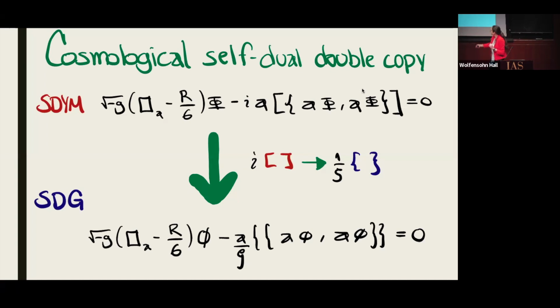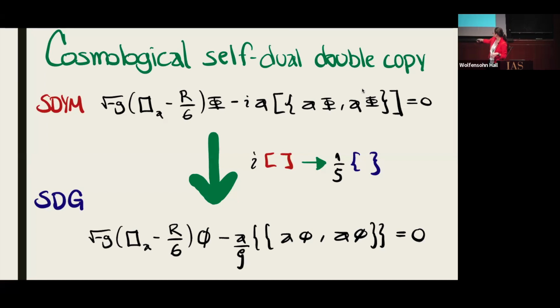So again, you can do field redefinitions in the Yang-Mills case just to write it as something that has the same propagators. So we can write it as a conformally coupled scalar field in FRW with this type of three-point interactions that depend on the scale factor. And in self-dual gravity, now I can rewrite the equation that I showed you before to actually have a propagator in the physical FRW metric.